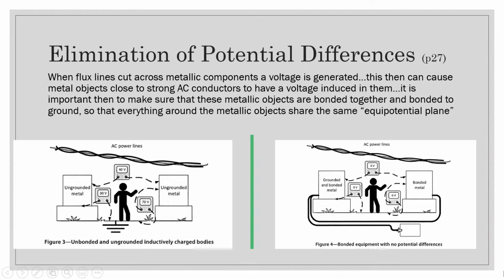So to avoid something like that from happening, and you'll see this wherever you see high transmission power lines and metallic objects, you need to bond everything together, and that's all of a sudden going to provide a path so that the pressure, which is voltage, is going to be able to be released through this conductor, and everything is going to equal out because these are now essentially the same object.